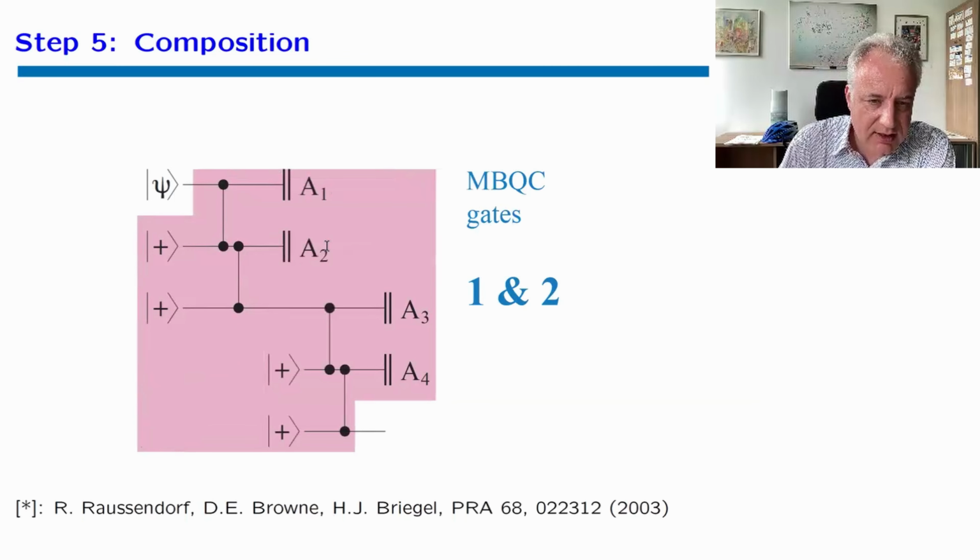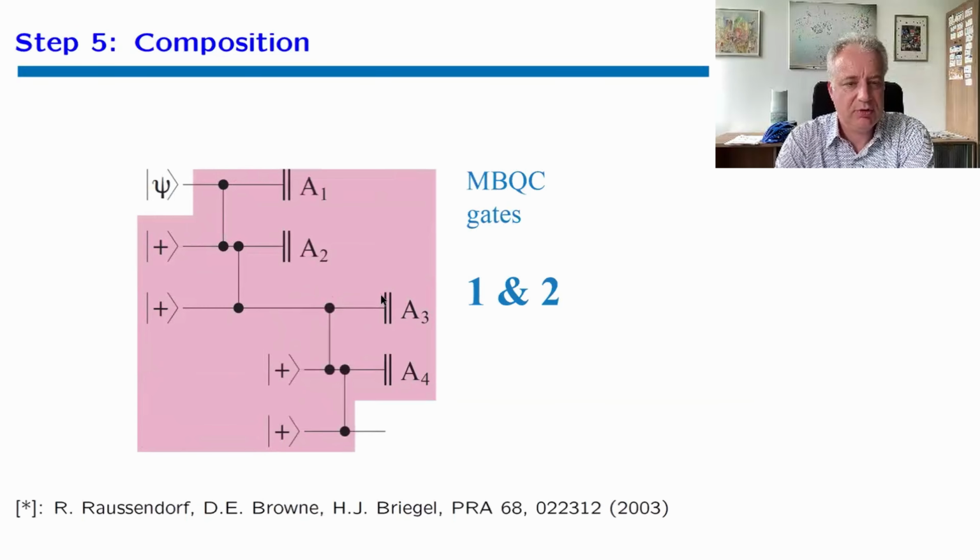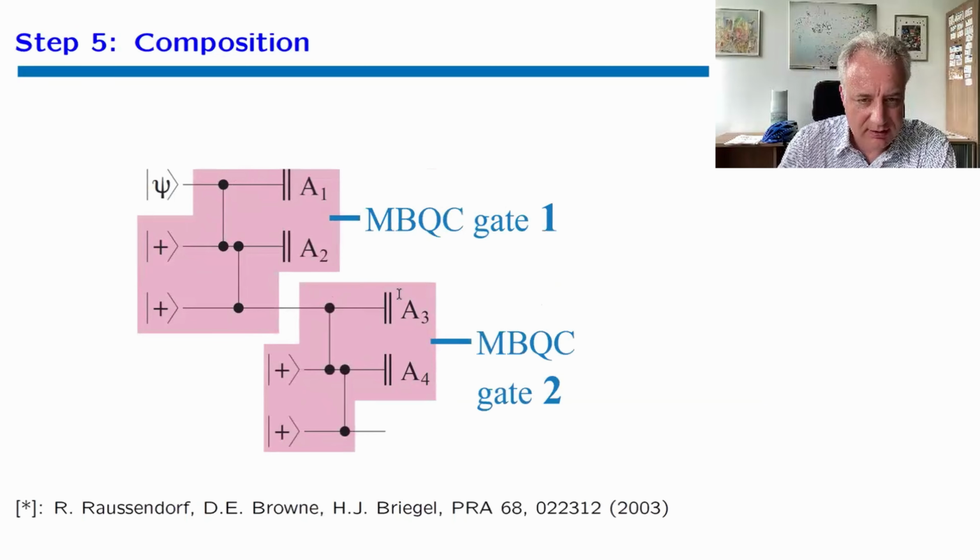These measurements up here commute with the entangling gates down here because they act on different particles. Likewise, the preparations down here commute with the entangling gates up there. So that is what has changed from the previous slide: exchanging the order of commuting operations. And now we see this is gate simulation 1, this is gate simulation 2. The output of gate simulation 1 is fed as input into gate simulation 2. Okay, so that was composition.